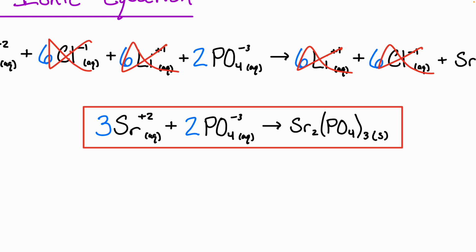Right? So in that last example, it's those strontium ions finding those phosphate ions to become solid strontium phosphate. The lithium and the chloride we would call what? Just spectator ions. They're not actually involved in the reaction at all, right? So when we cross them out, we call those spectator ions. Cool. Great.